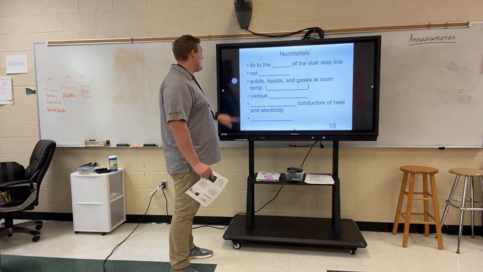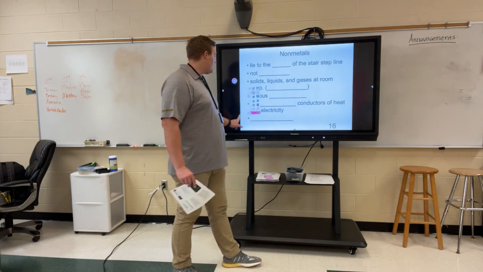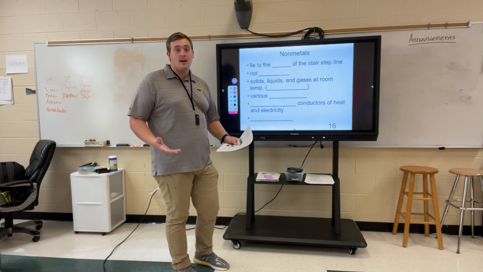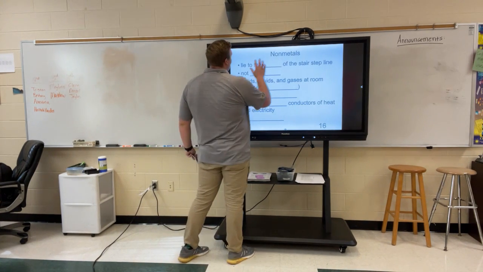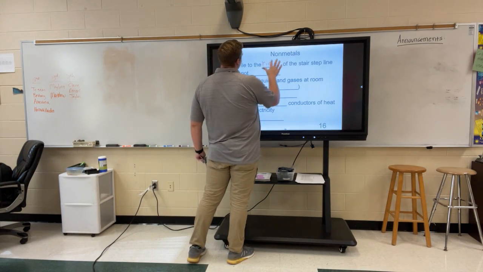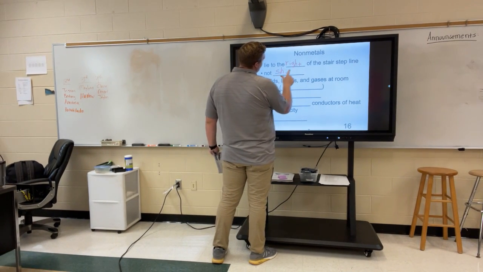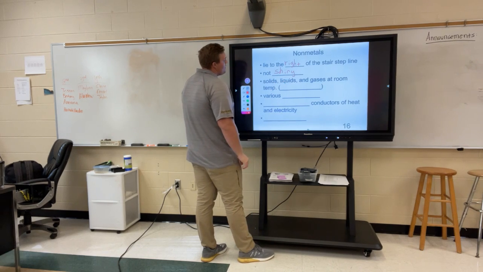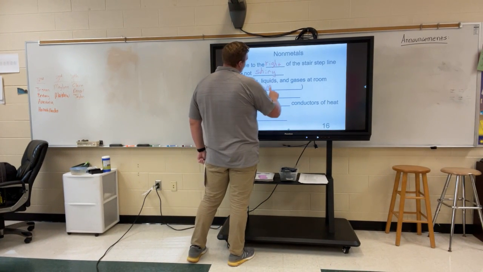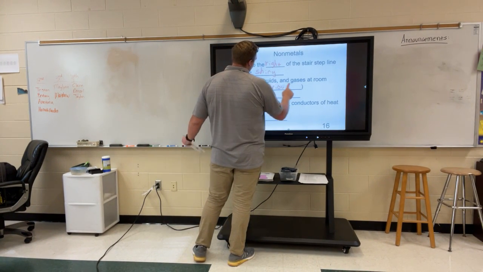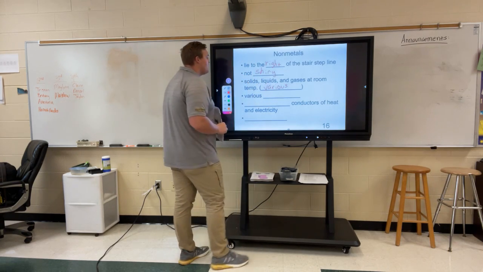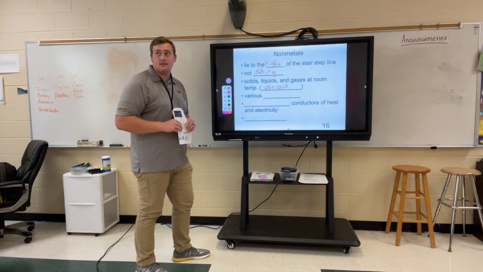So we have non-metals. They're called non-metals because they're pretty much the exact opposite of metals, okay? Instead of being on the left, they're on the right, okay? They are not shiny. So metals are shiny, non-metals are not. They can be various states at room temperature: solids, liquids, and gases, okay?